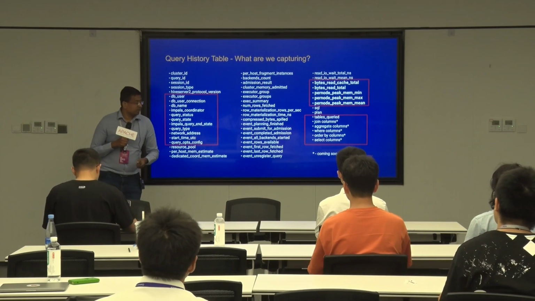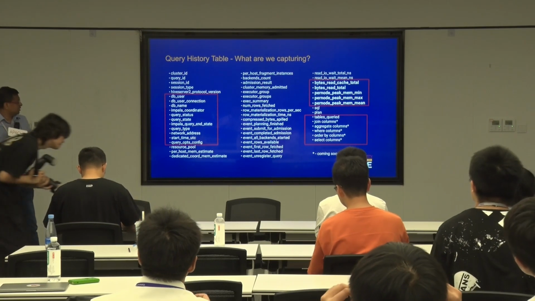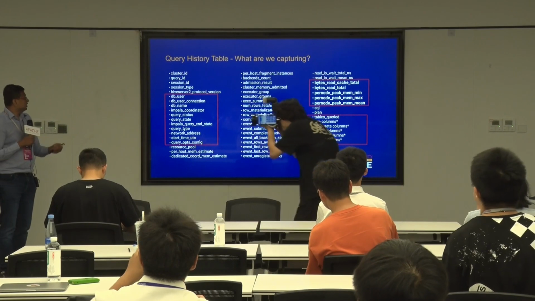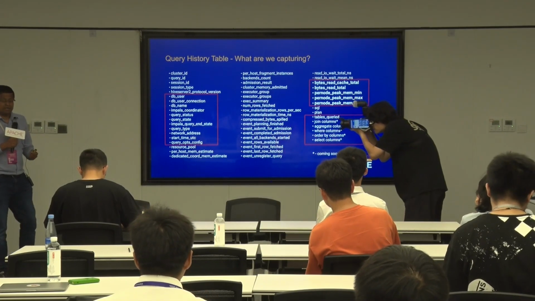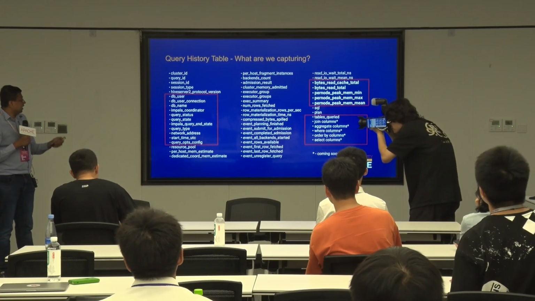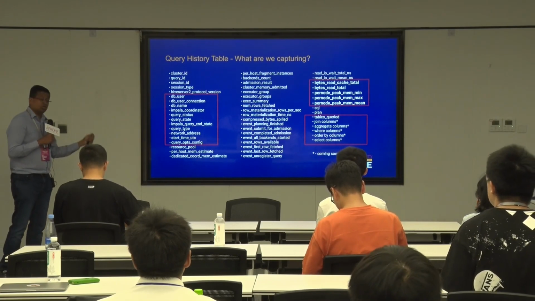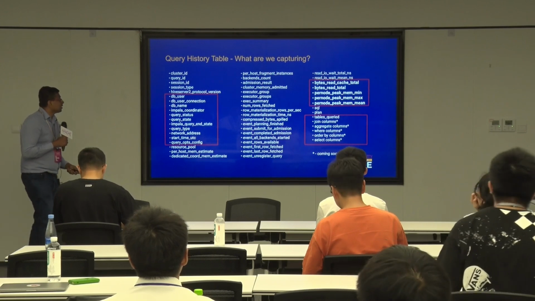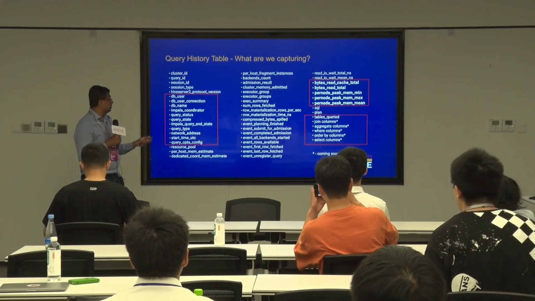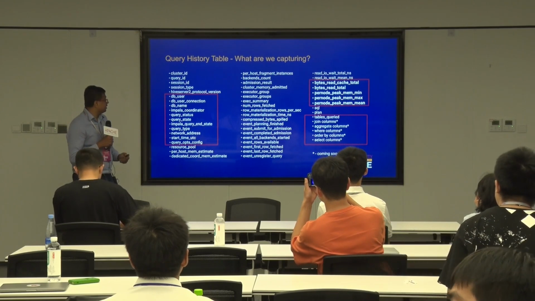What are we capturing? We are capturing which user is running the connection, what coordinator it is connecting to, the status of the query, and what type of query it is, whether it's a select, DML or DDL. We are capturing what time it started, from what IP address it originated, and what resource pool it is running on. We are also capturing admission results of that query, whether it's admitted or waiting to be admitted.